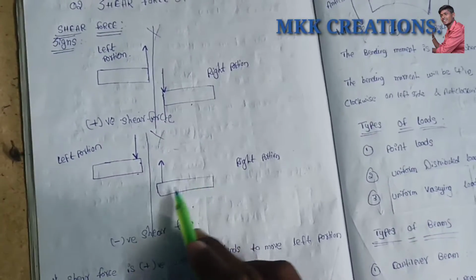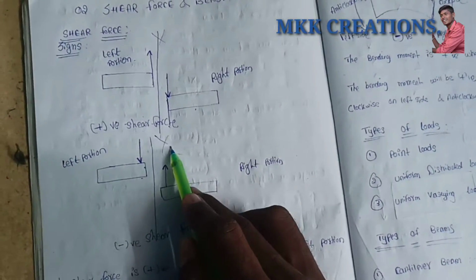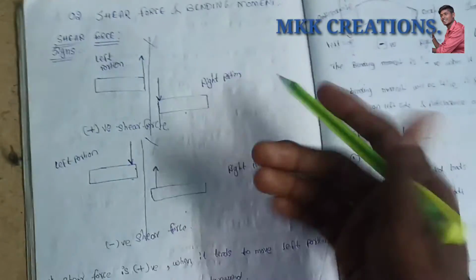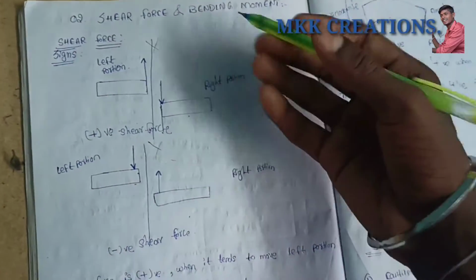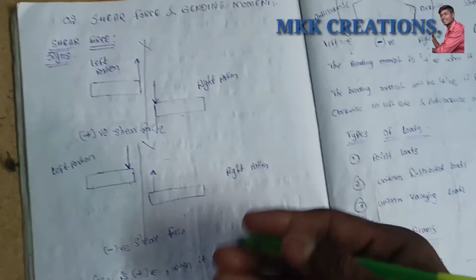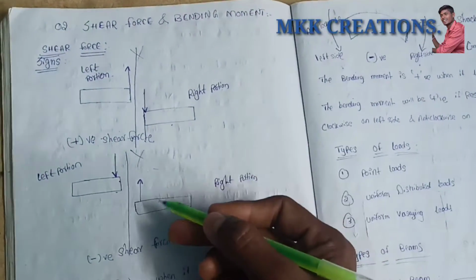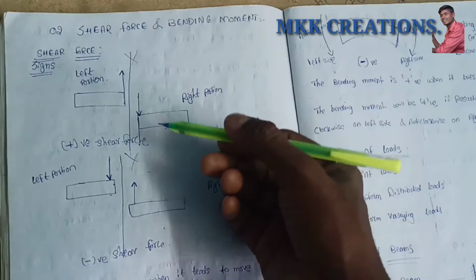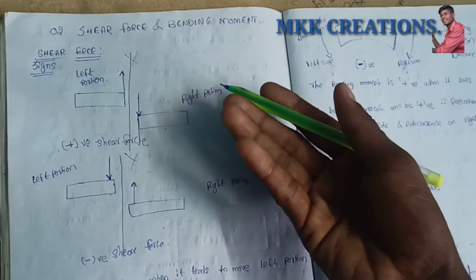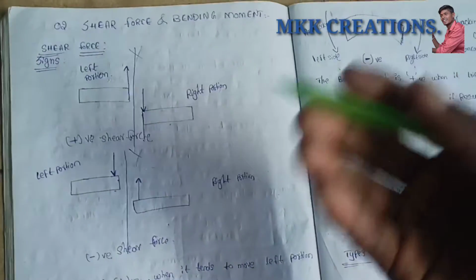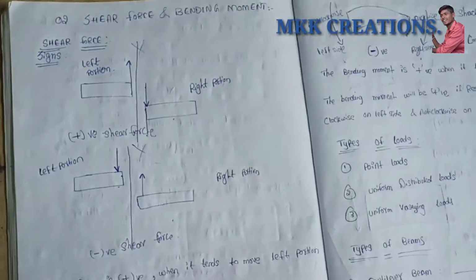Next, the right side from bottom to top. If loads are acting on the element or bar, at that time we want to use these notations. This is an understanding process. Whenever we find this type of action in a question, we must immediately know whether the shear is positive or negative.